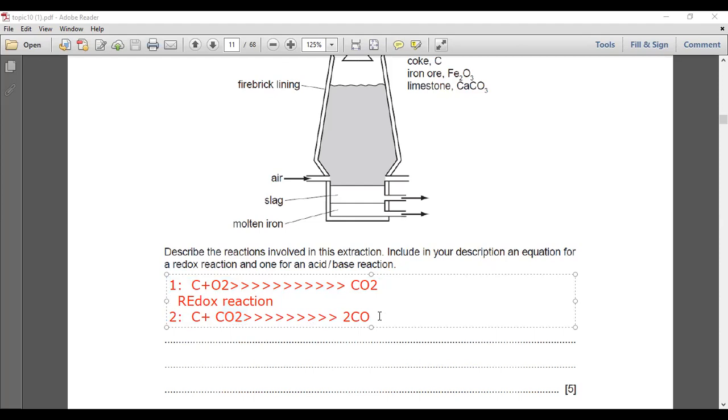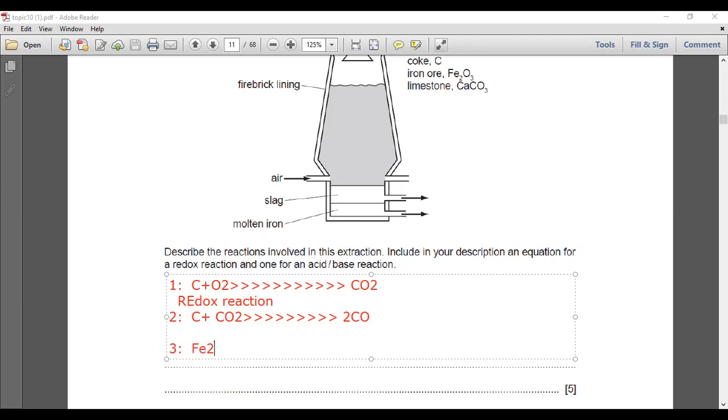Number 3, what will happen in number 3? This is very important in the extraction process.